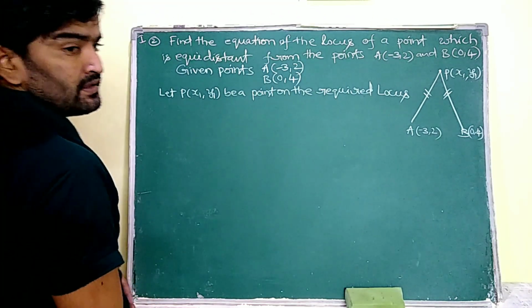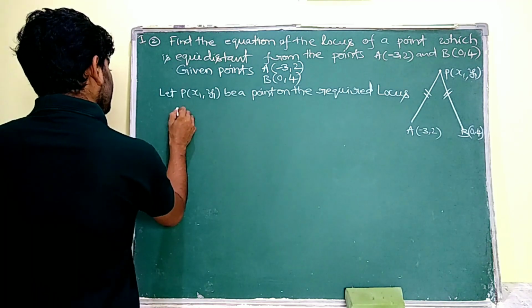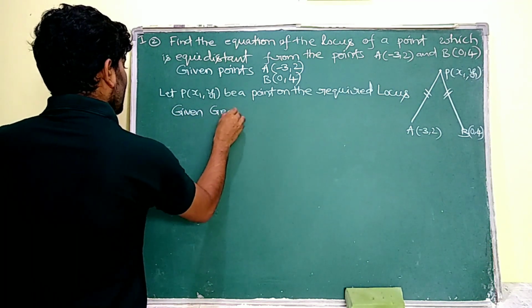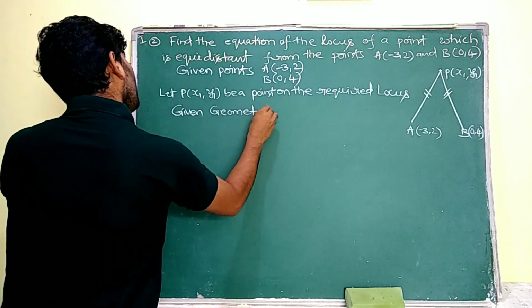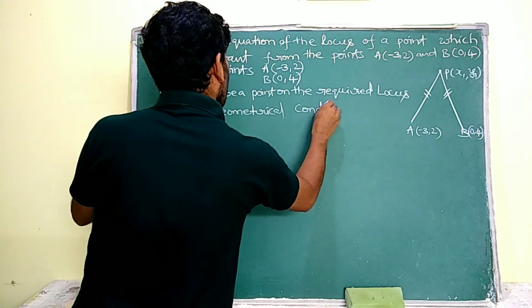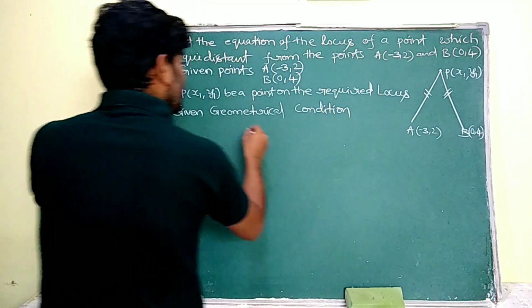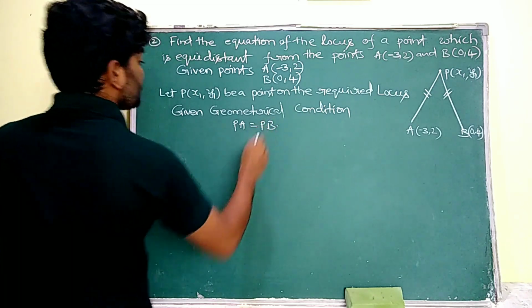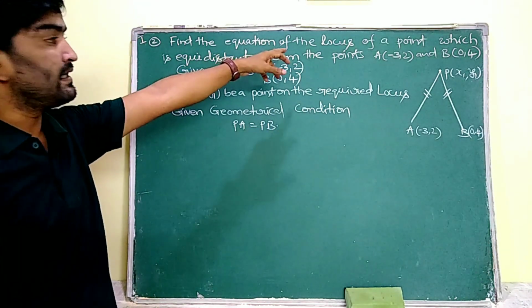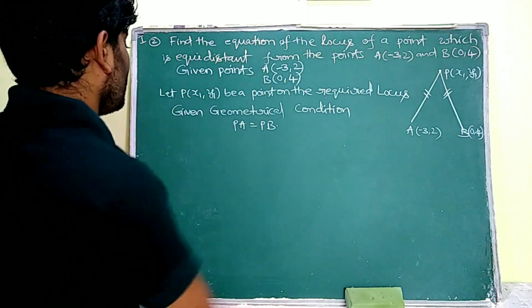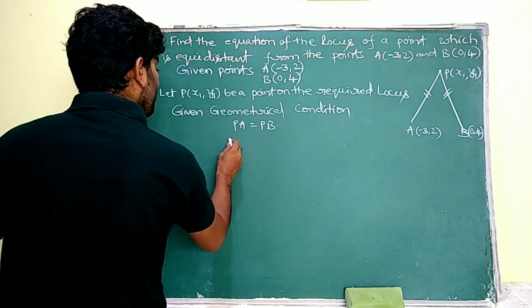So that is the given geometrical condition here. What is the given geometrical condition? PA is equal to PB. Why? Because in the question itself he said that the required point on the locus is equidistant from A and B. So PA is equal to PB.